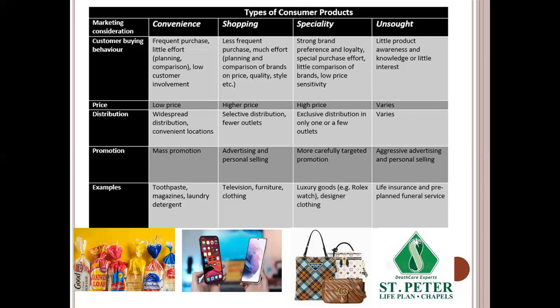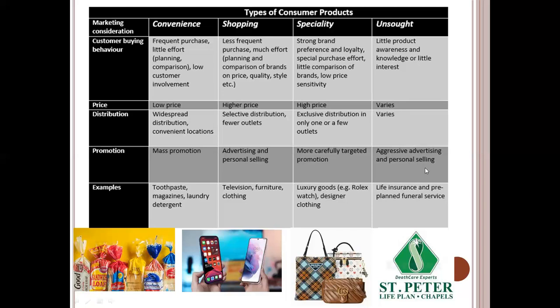And the last that we have is the unsought offerings. These are those that the buyers do not generally want to have to shop for until they need them. So we have here little product awareness and knowledge or little interest, and the price varies. It depends on their need, and the distribution also depends.